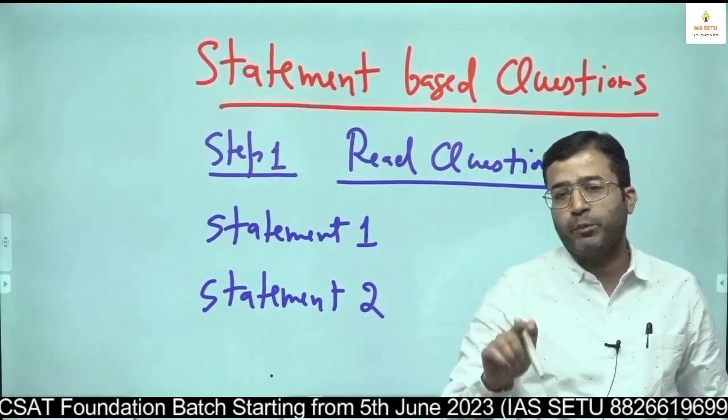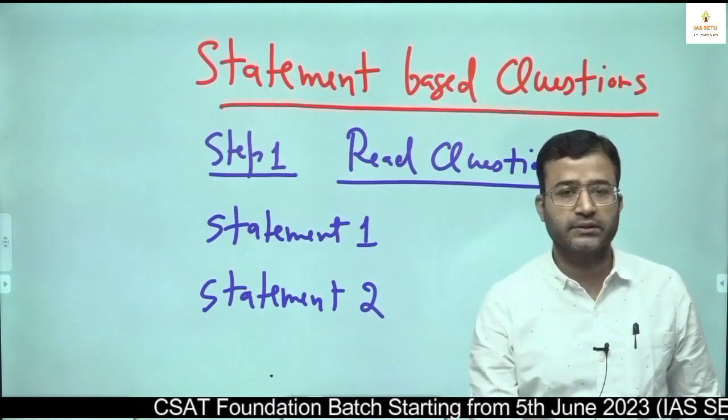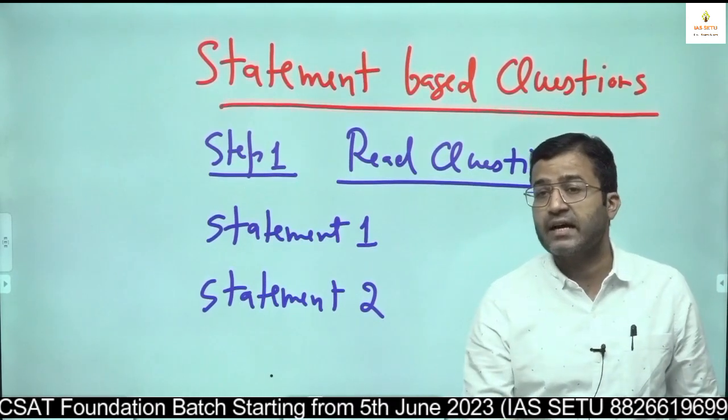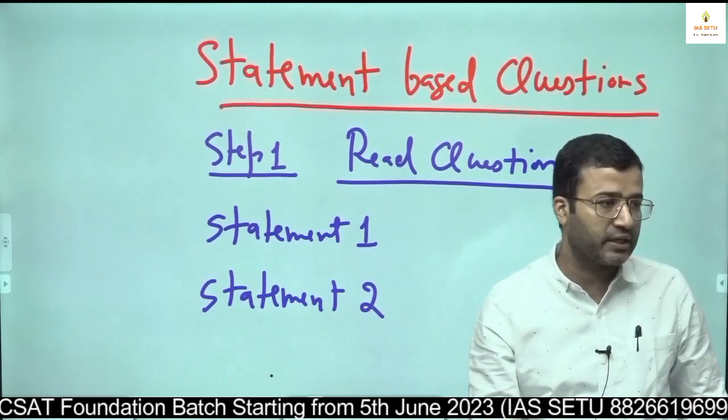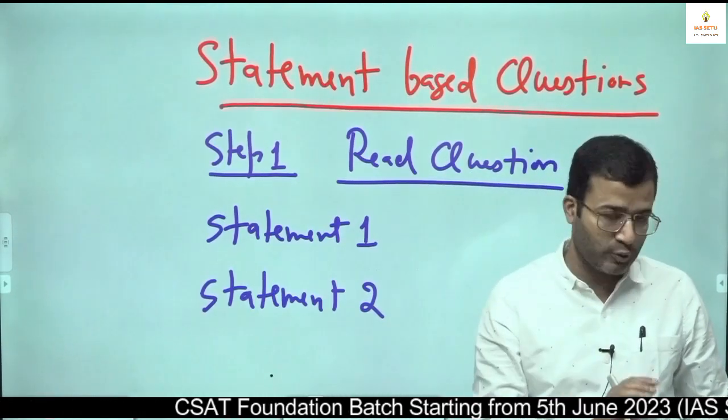And there are 5 possibilities. I tell you the 5 possibilities for the answer options. But since our CSAT exam is for the 4 answer option pattern, out of the 5 possibilities, they give 4 possibilities in the answer options.